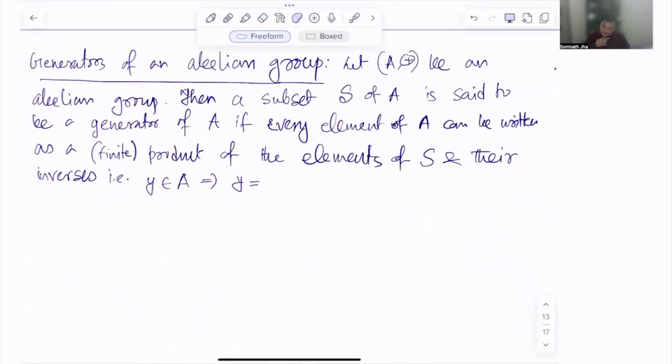Okay, so a generator of an abelian group. A group may be finite or it may be infinite, especially if the group is infinite, for example Z is infinite.